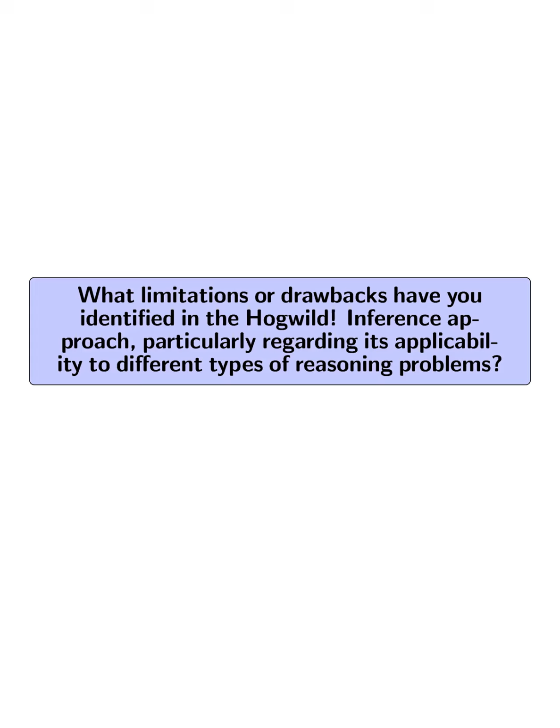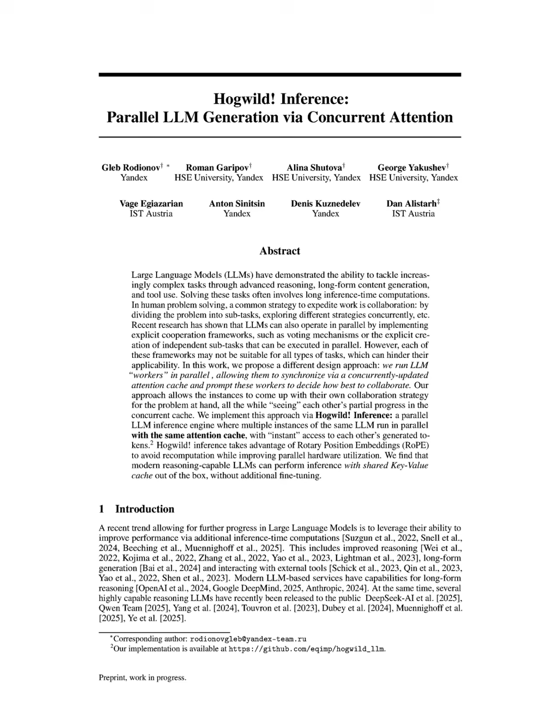What limitations or drawbacks have you identified in the Hogwild Inference approach, particularly regarding its applicability to different types of reasoning problems? The Hogwild Inference approach has several limitations, particularly concerning its applicability to different types of reasoning problems.